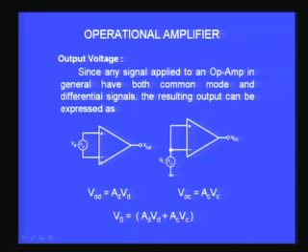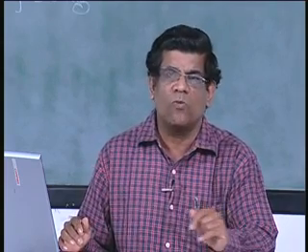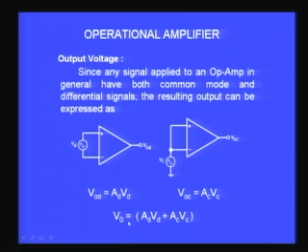In principle, whenever you connect Vi1 and Vi2 at the input, the output will be Vo, but that output voltage will have contributions from the common mode voltage as well as the differential voltage. So, Vo in principle is the combination of Ad into Vd, where Vd is the differential voltage, and Ac into Vc, where Vc is the common mode voltage, and Ad and Ac are the differential and common mode gains.